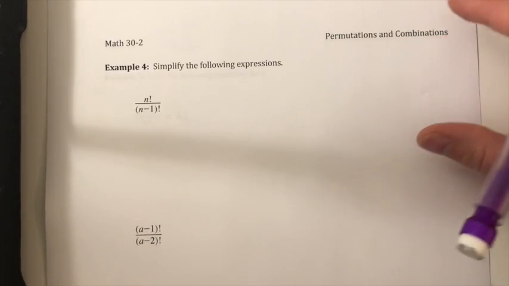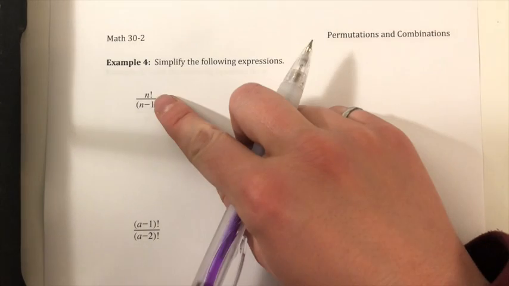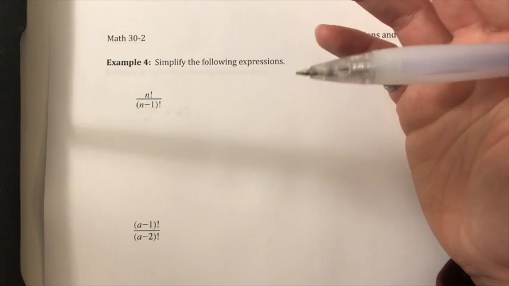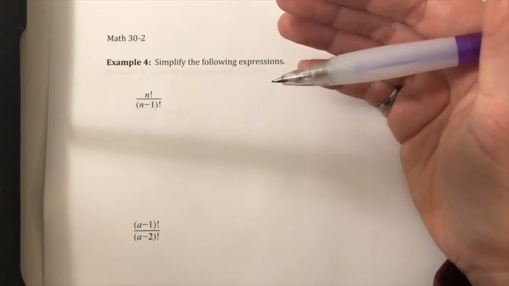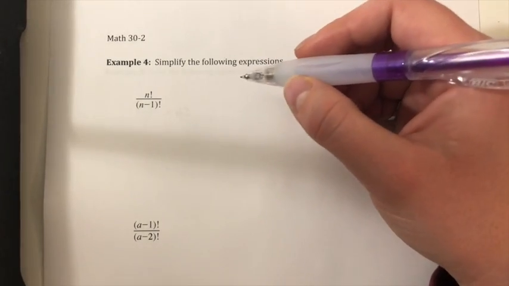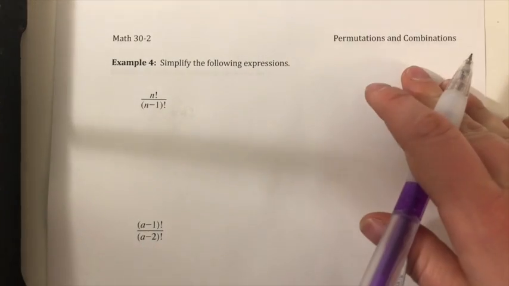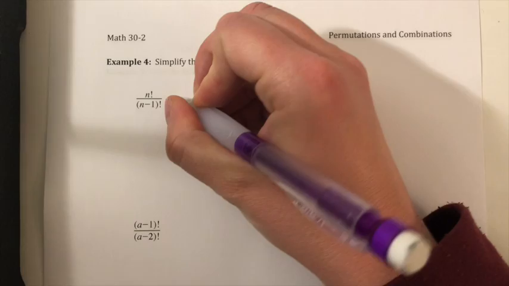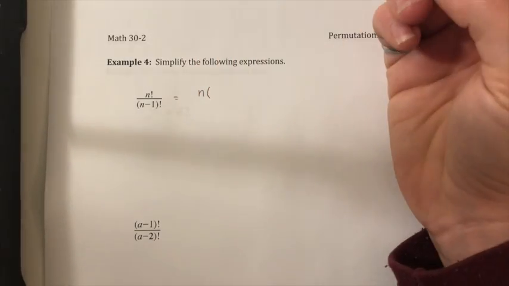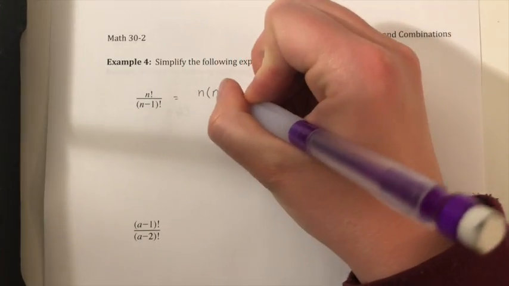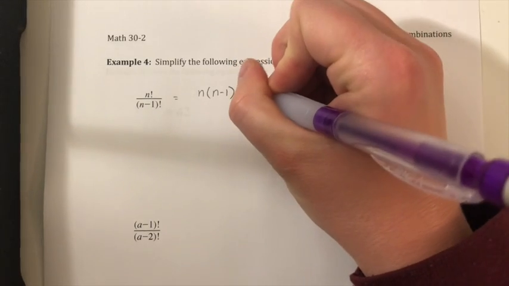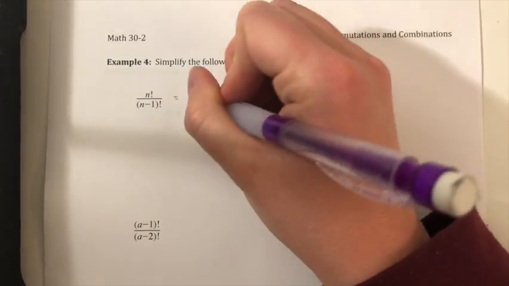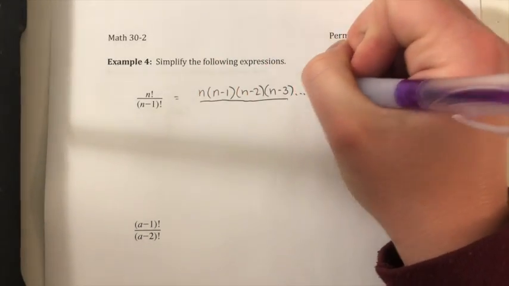Okay, we can do this with variables as well. So if we have n factorial divided by n minus 1 factorial, when we're doing it with numbers, expanding and simplifying, we would start by expanding out the bigger of the two numbers. So this is n times 1 less than n, which we could represent as n minus 1, times 2 less than n, and it just keeps decreasing by 1, dot dot dot.